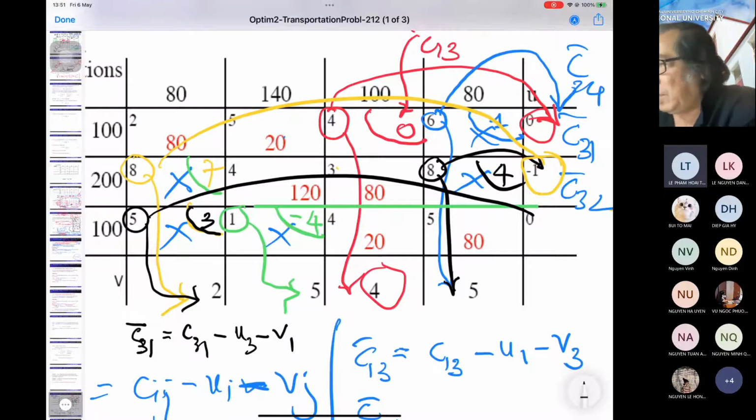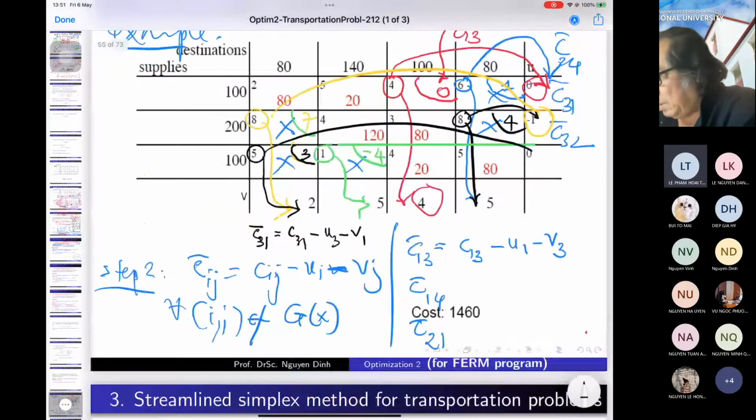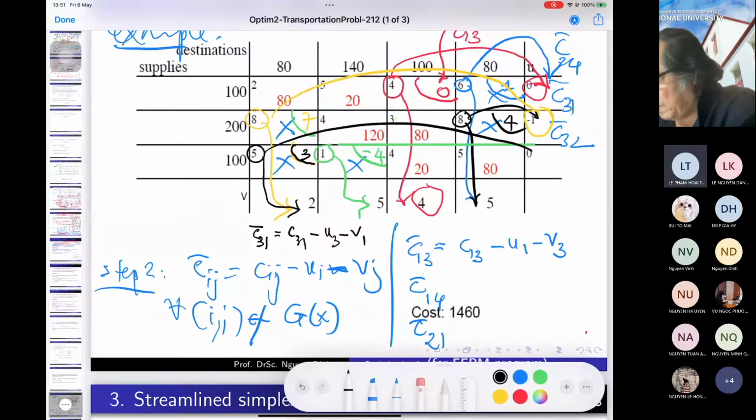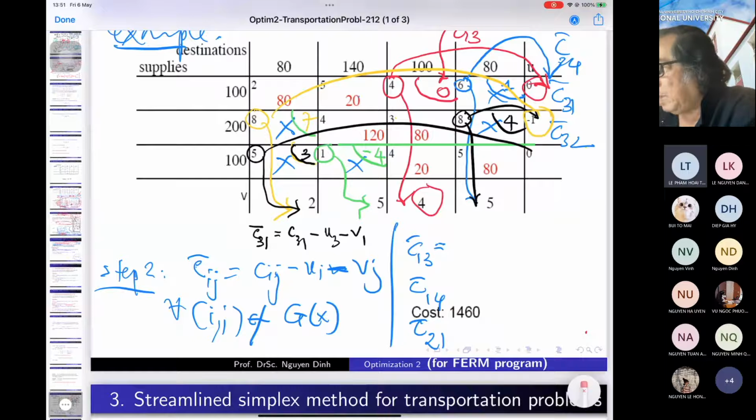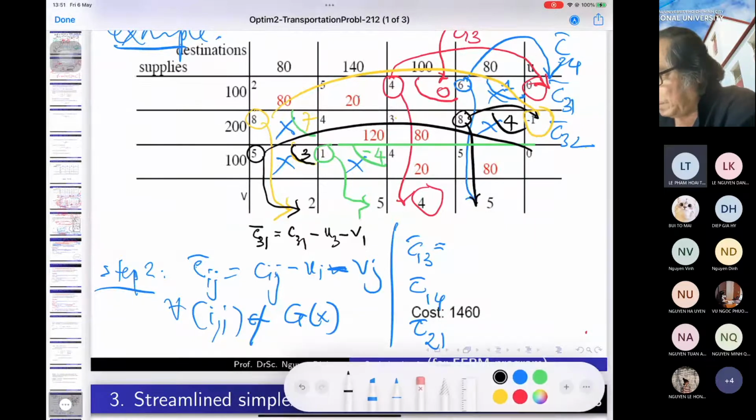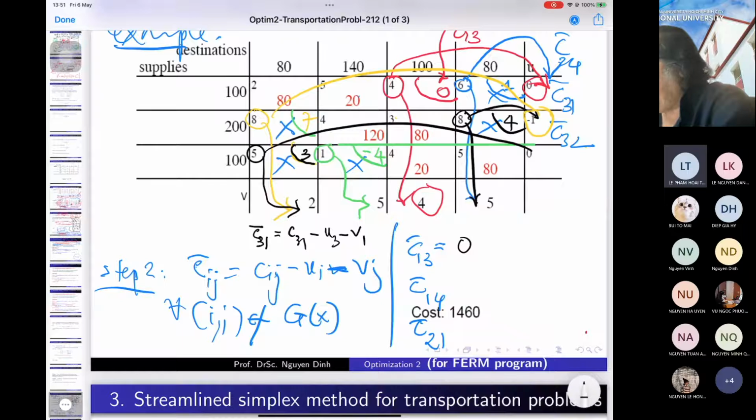And now what do we have after all? Just a moment, I delete all things here. C bar 1,3 is 0. C bar 1,4 is 1.